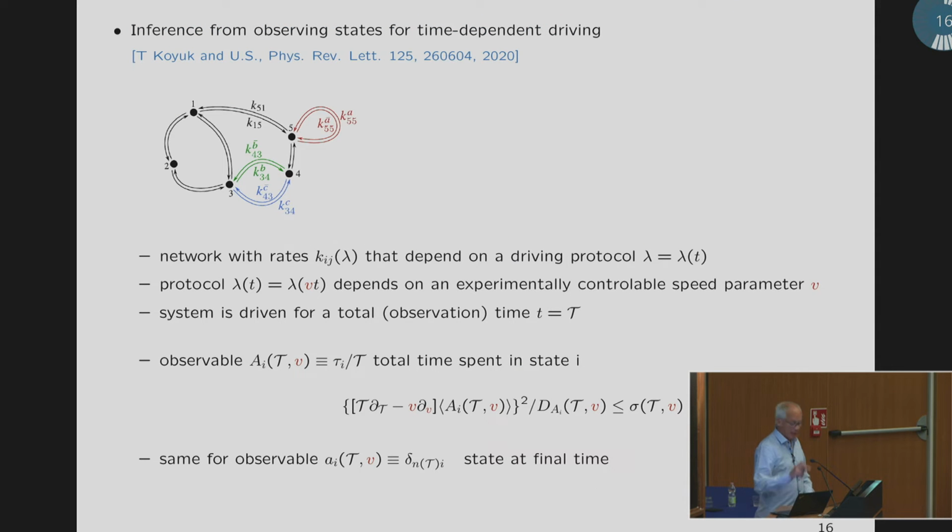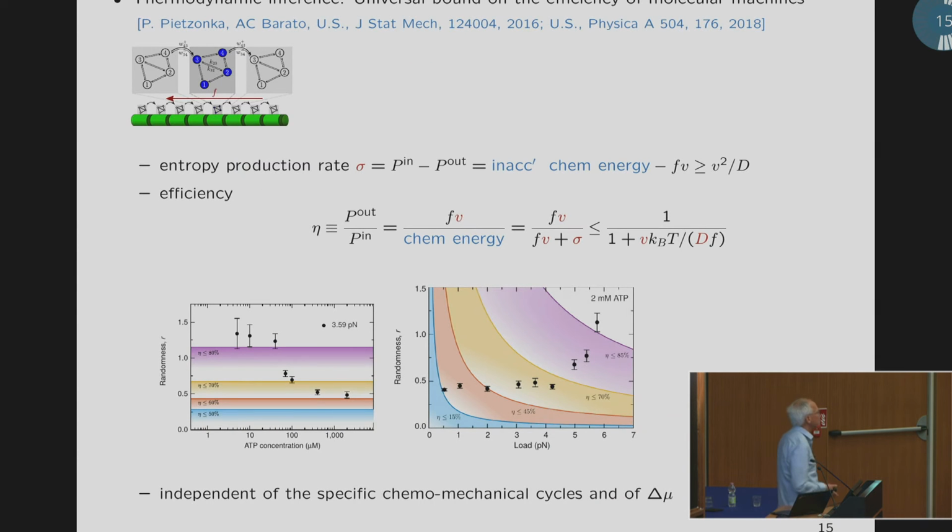Okay. Yes, please. Joe. You know, I can't read the labeling on the right-hand graph, but that's the 45%. What are the other ones? Oh, yeah, sorry. This is 70. This is 85. This is 15. Okay.